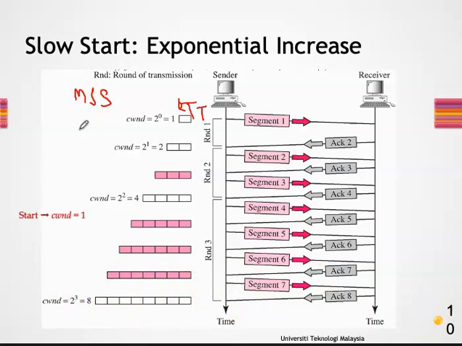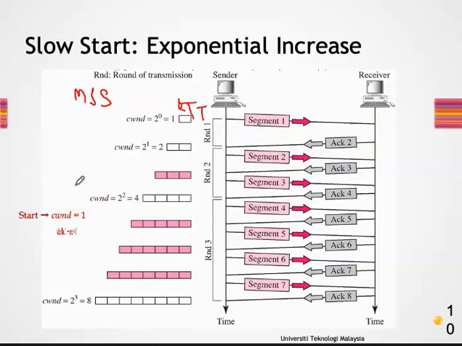In short, we can say that at the beginning, CWND is equal to 1. That is, TCP only allows the sender to send one segment and it must wait for an acknowledgement before transmitting a second segment.